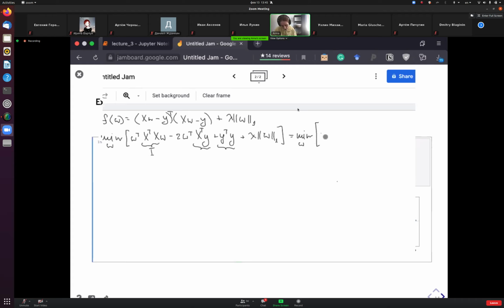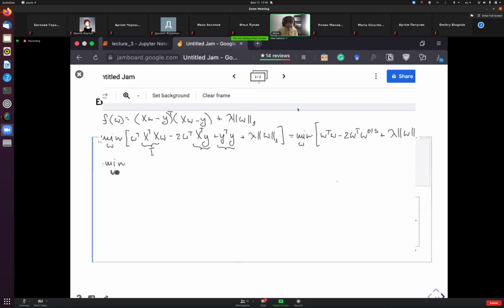So let's write all that down. We now have W transpose W minus 2 W transpose W ordinary least squares, plus lambda times the L1 norm. What is cool with this formulation is that now we can rewrite all this as one sum. Let me show what I mean here.